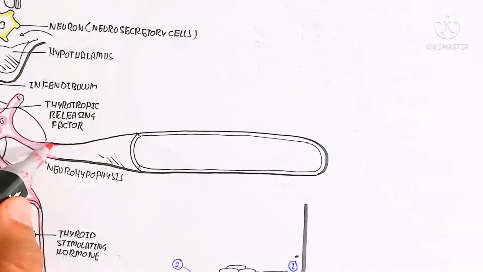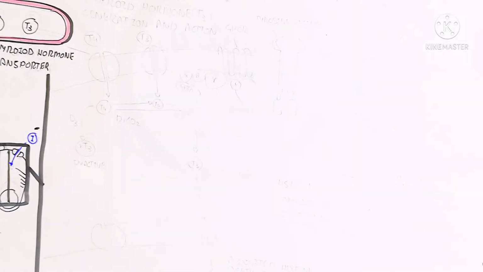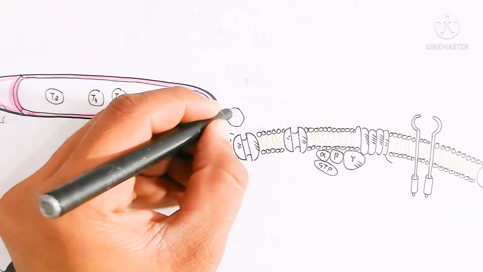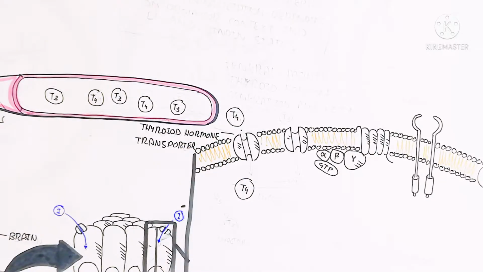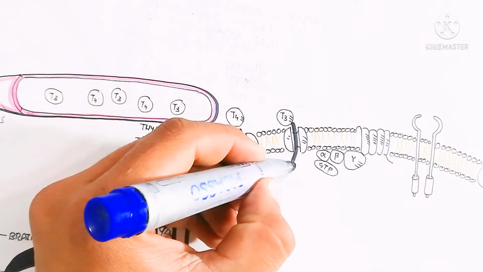On the other hand, let's understand the tissue, where iodine moves inside through the thyroid hormone transporter from the blood circulatory system into the cell. For example, this cell can be muscle or adipose tissue or many more. T4 and T3 will move inside through the thyroid hormone transporter.